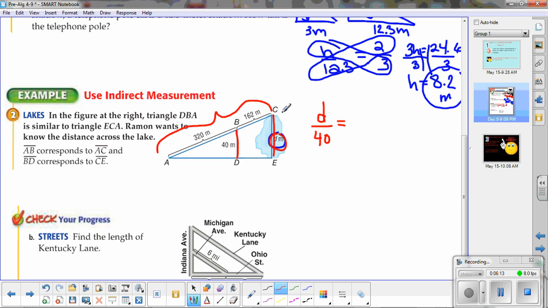So it's 320 plus 162, which is 482. 482 matches up with, I'll color code it, this side right here matches up with this on the smaller side.